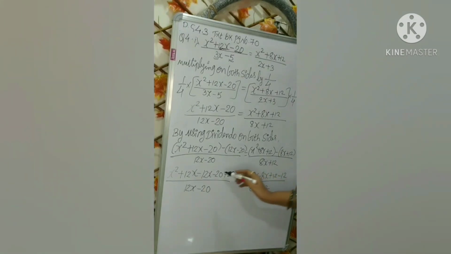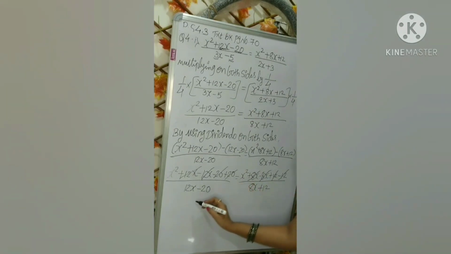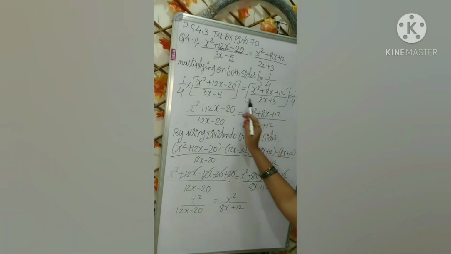Okay, what we can do over here is 12x and 12x can get subtracted, 20 and 20 will also get subtracted. Similarly here 8x, 8x, 12, 12. So all we are left with over here is x square upon 12x minus 20 is equal to x square upon 8x plus 12.